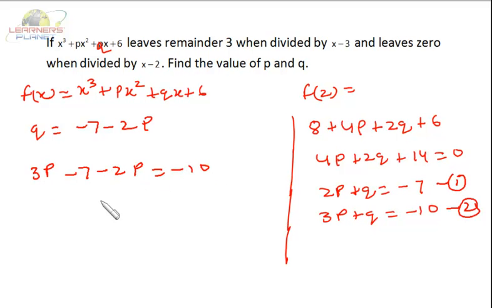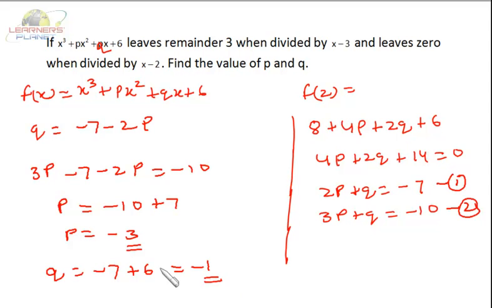So 3p minus 2p is p, which is equal to minus 10 plus 7. So p is equal to minus 3. Now we can put p as minus 3 in this equation to get q. So q will be minus 7 minus 2 into minus 3, which is plus 6. So it's minus 1. So the value of p is minus 3 and the value of q is minus 1.